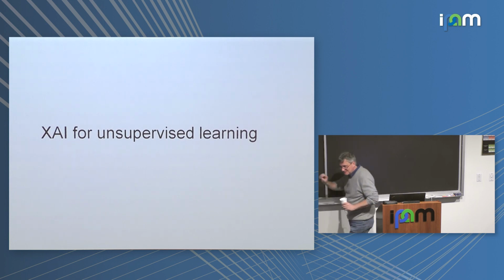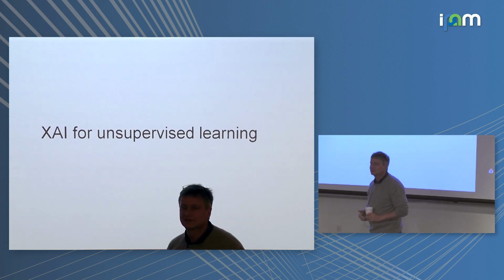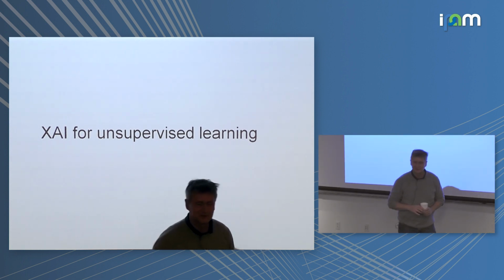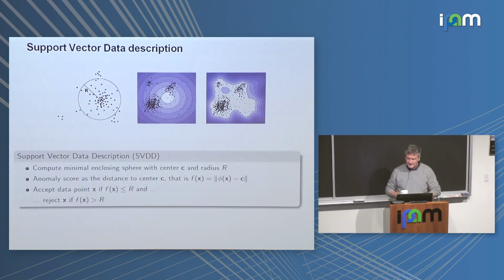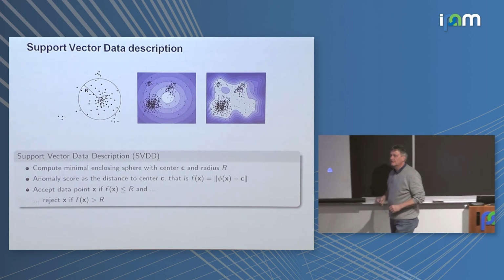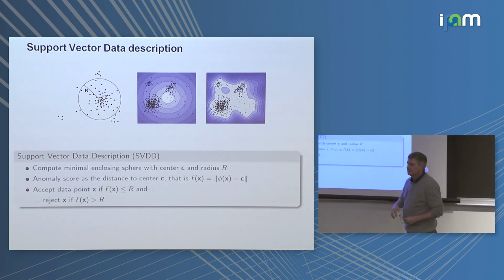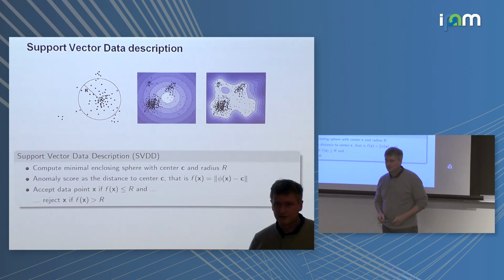But I would like to just show something even beyond the supervised learning case that we have been talking about until now. Many of you may know anomaly detection. So you have a big data set, and then you map it into some feature space, and then you put a ball around it, for example, in support vector data description, which then corresponds to something nonlinear in the original space.